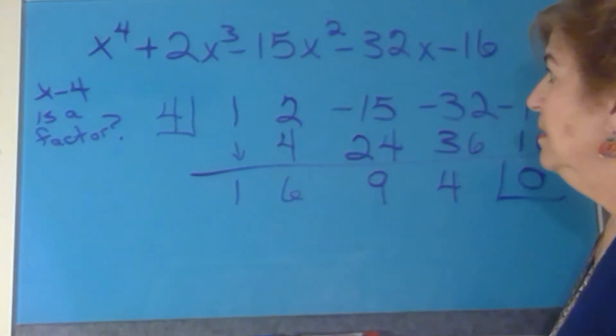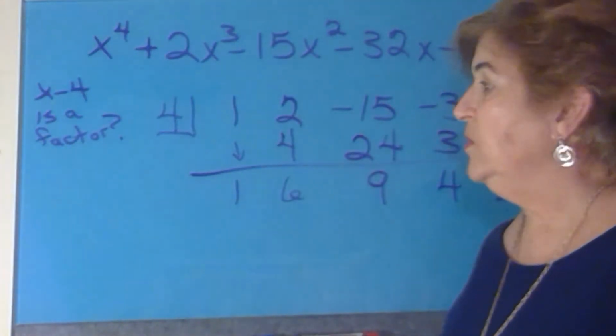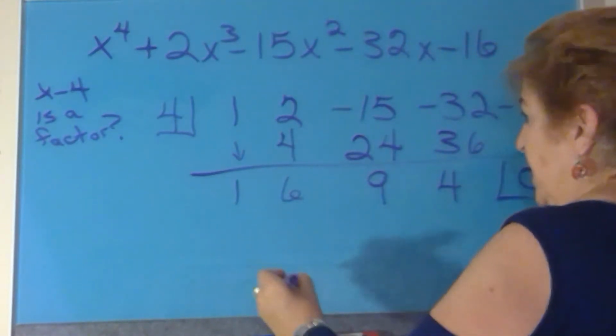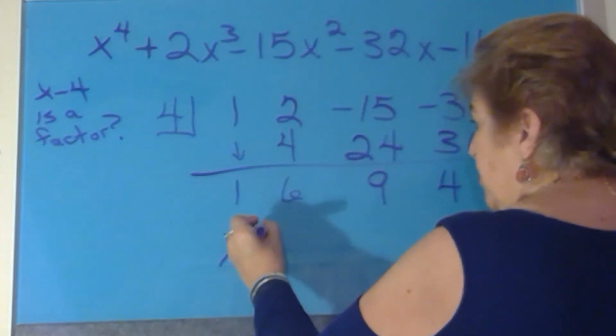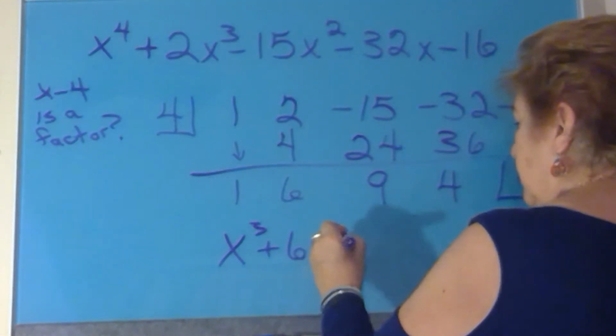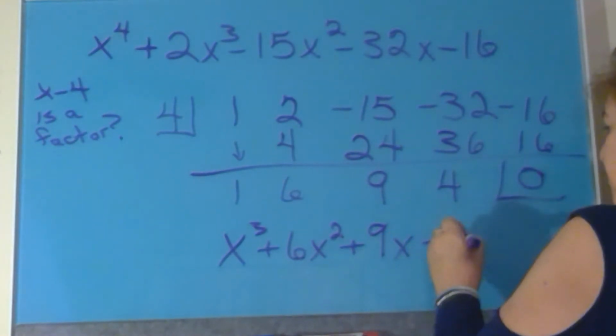That means that x minus 4 is a factor. And if you factor that out, you will be left with x to the third plus 6x squared plus 9x plus 4.